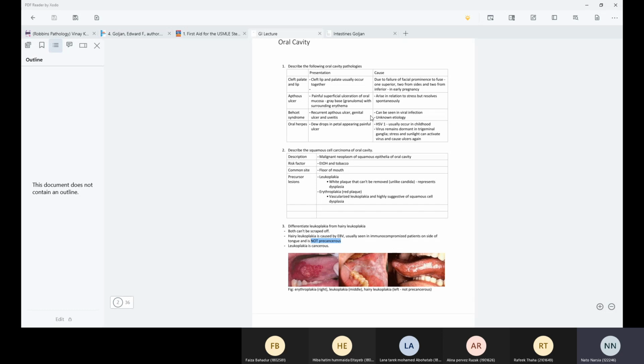This infection actually occurs in early childhood. Patients get infected in early childhood, but it does not manifest clinically, okay? The virus just remains dormant in the trigeminal ganglia, and what happens is, during stress and direct sunlight, for example, this virus gets activated, and it gives this ulcer. What type of ulcers do you have?